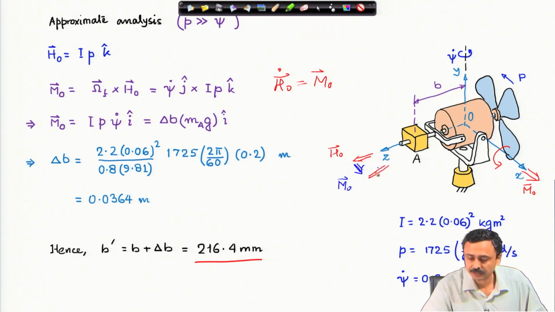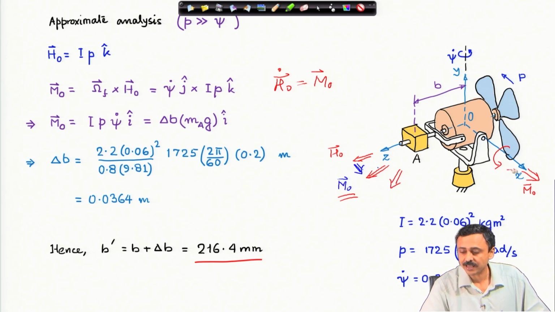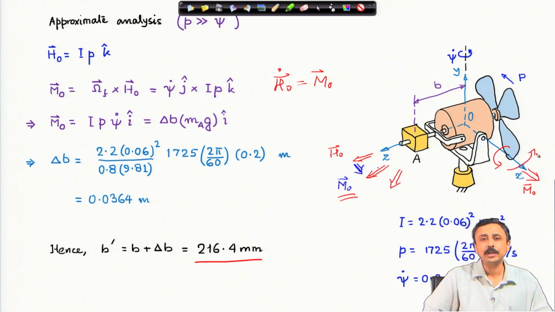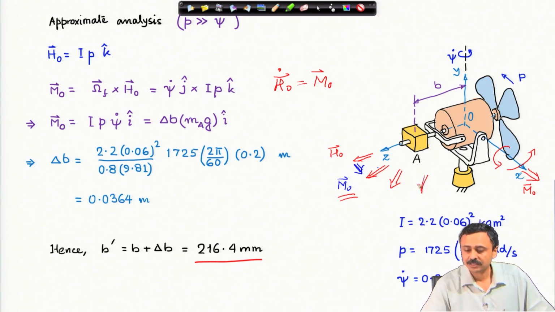Therefore, after a small time delta t, I will see the angular momentum rotated in this direction, the direction of applied moment. After another delta t, it is going to rotate further, because as the whole assembly rotates, the x axis is also rotating, and the moment direction is about the x axis fixed to the assembly. Therefore, this whole assembly is going to keep rotating.